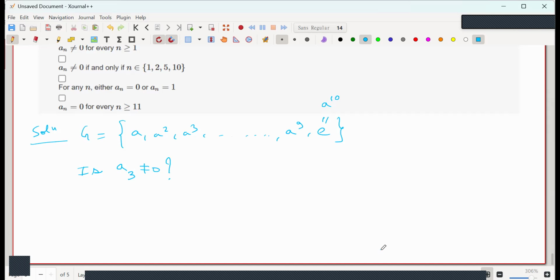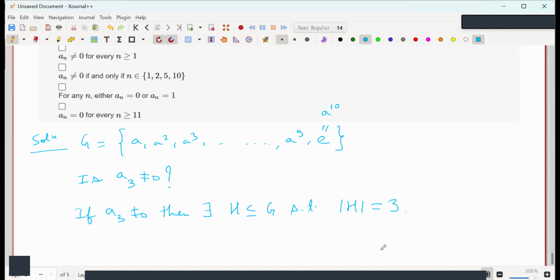It means that if A3 is non-zero, then there exists a subgroup H of G such that the size of that subgroup is 3. That's what it means.